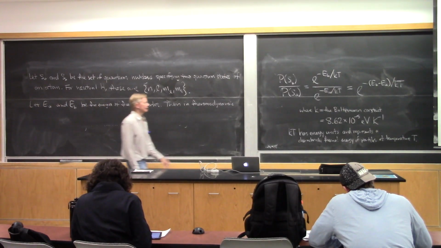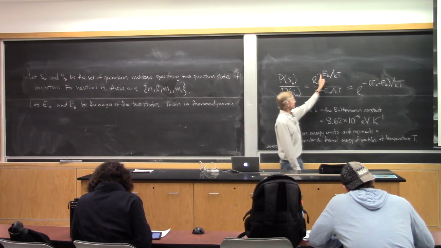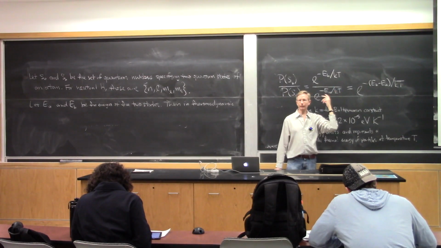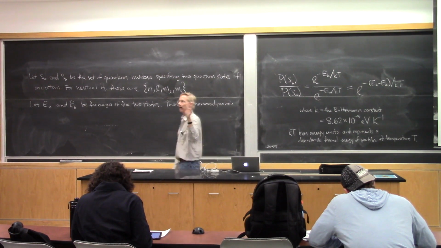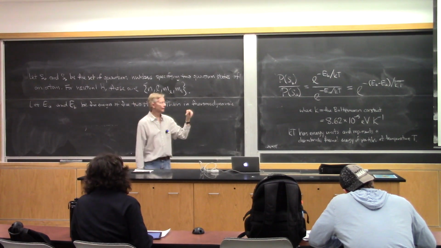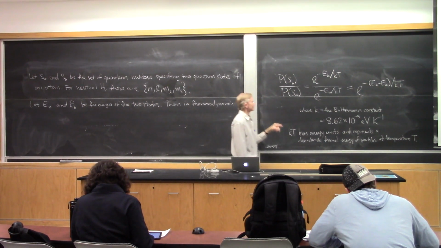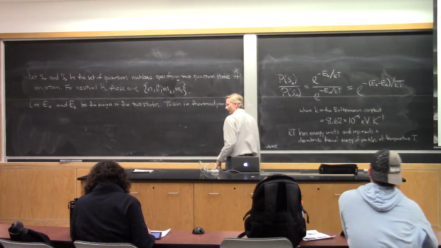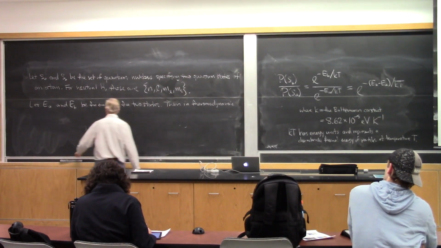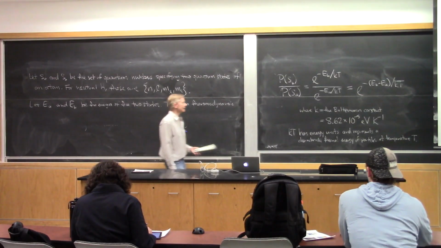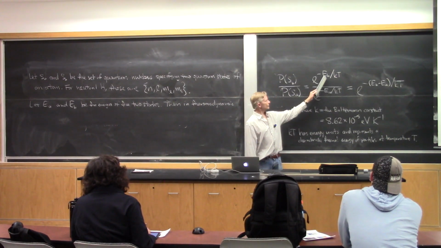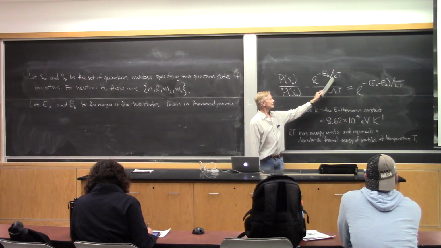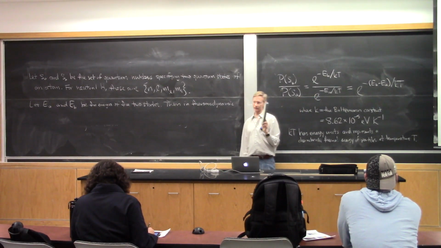And so notice then that e to the minus energy over kT, energy over kT is dimensionless, which it needs to be. e to some power has to be dimensionless. And so what we're talking about then is it depends exponentially on the ratio of the energy of the state to the typical thermal energy.